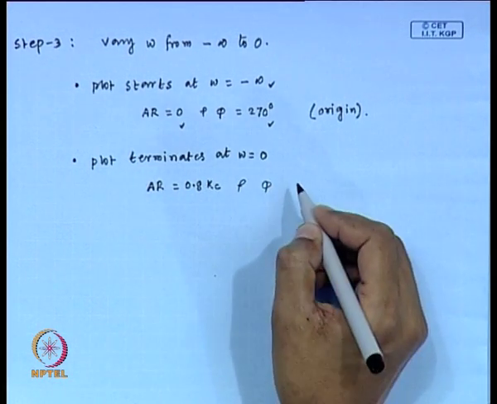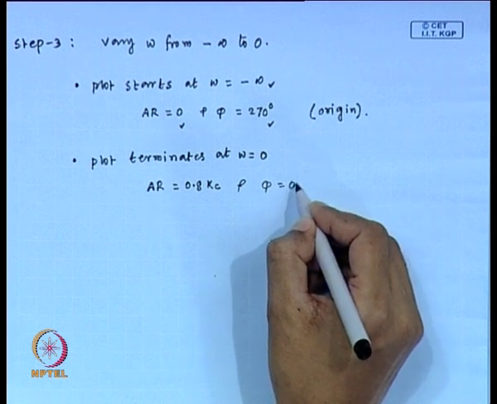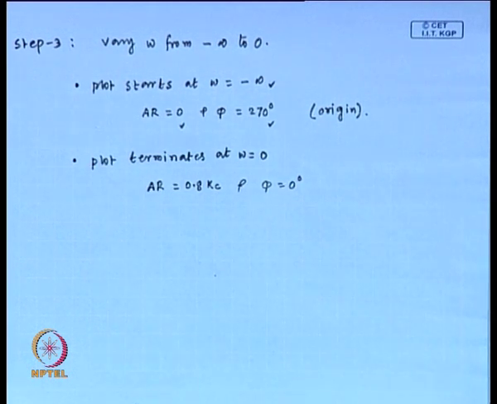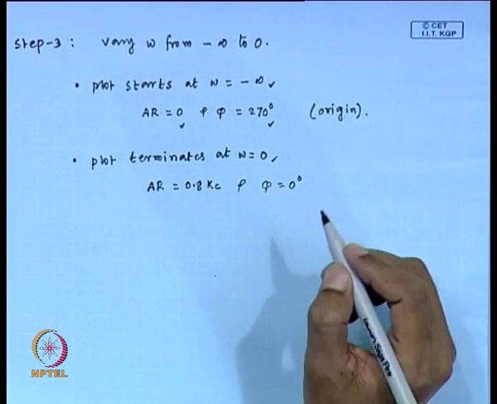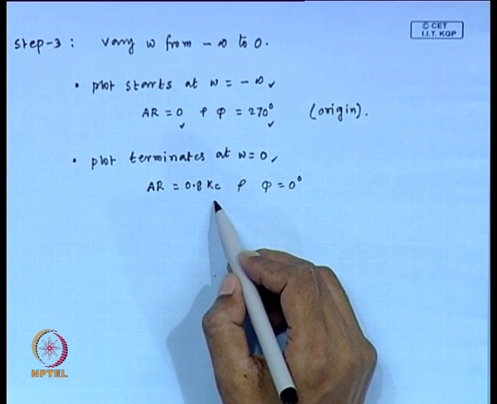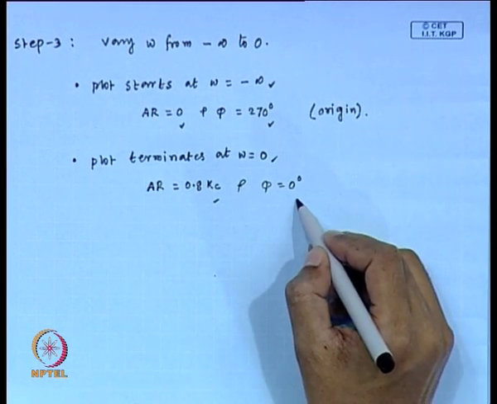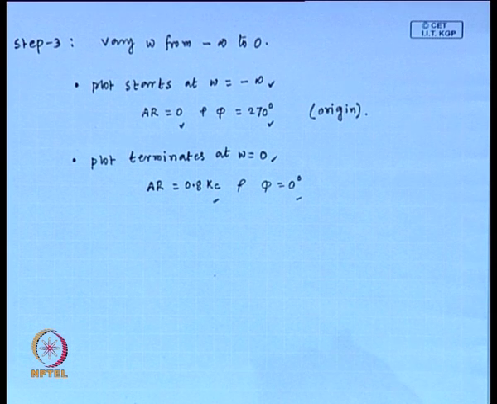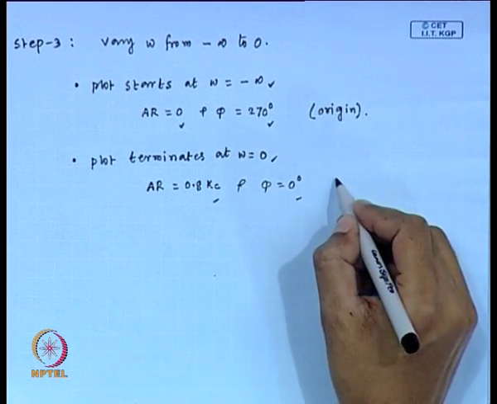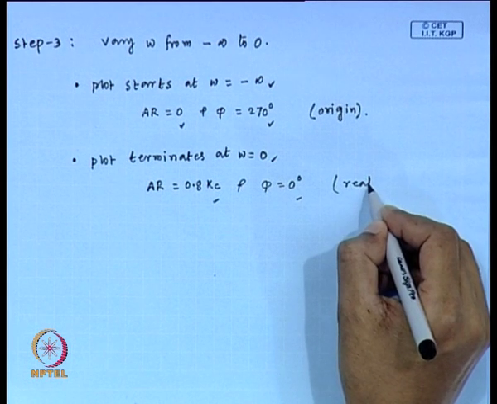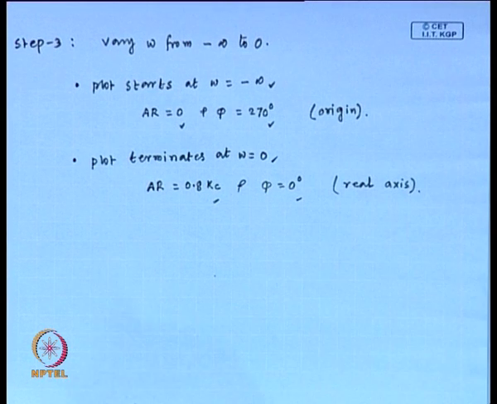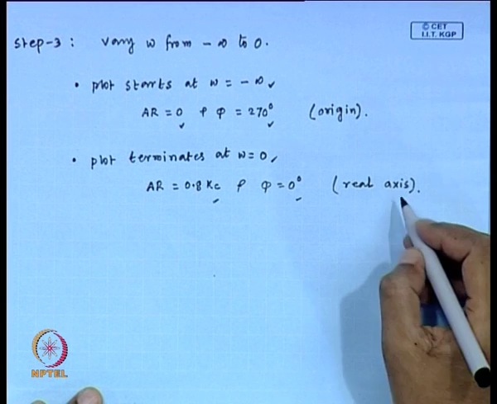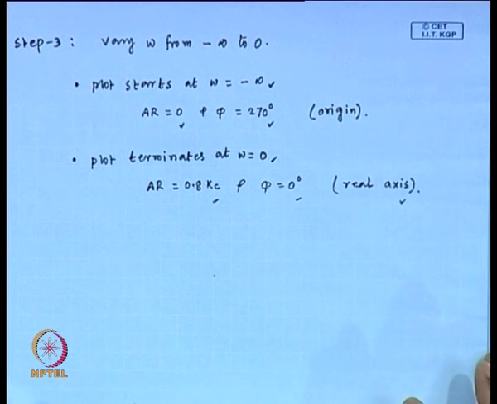What about phi? 0 degree. So, when omega equal to 0, we obtain amplitude ratio as 0.8 Kc and phi 0 degree. So, what about the location? On the real axis. Fine. The location of the end point should be on real axis.